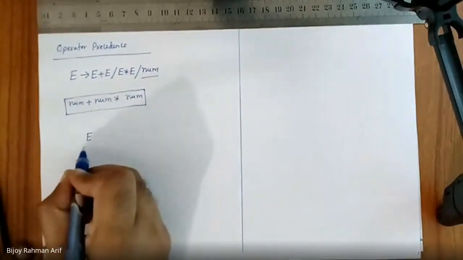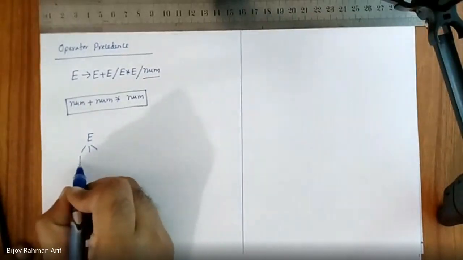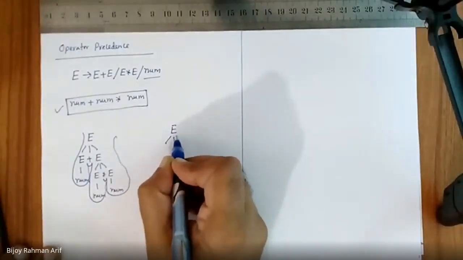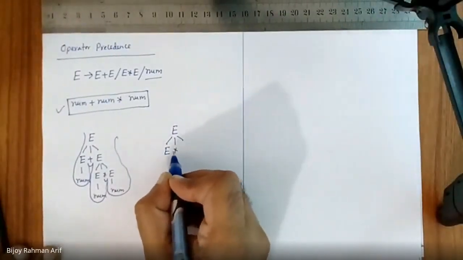E derives E plus E, and then E star E. Let's take another one. E star E.